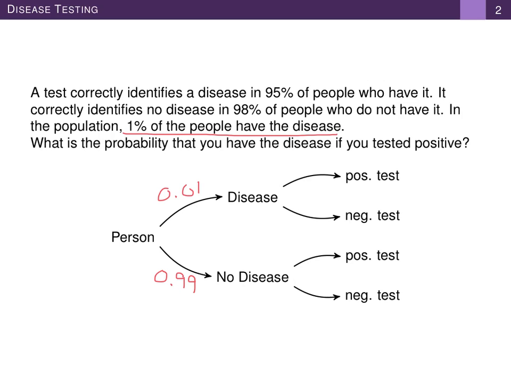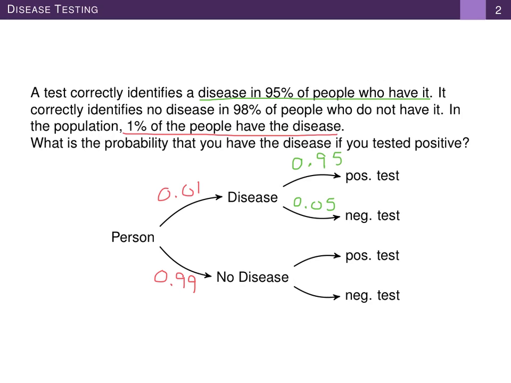Now, if I have the disease, then my test will come back positive 95% of the time. So this arrow has a weight of 0.95, leaving this arrow to have a weight of 0.05.